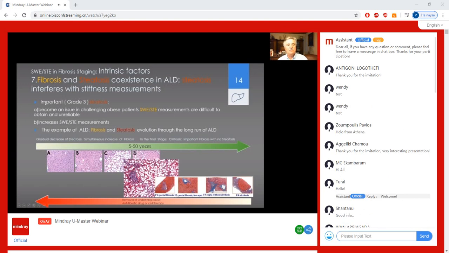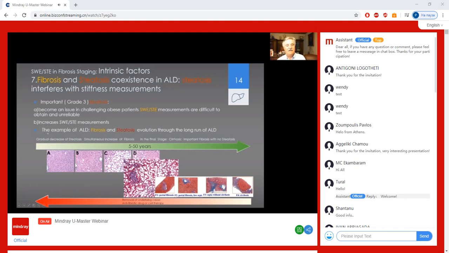There are two issues with livers having important steatosis. The first is that in challenging obese patients, shear wave elastography measurements are difficult to obtain. And the second and more important is that important steatosis increases shear wave elastography measurements.